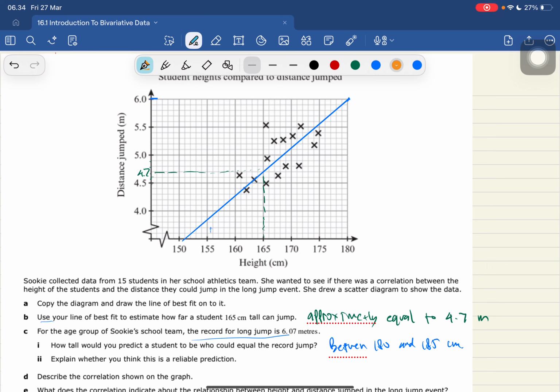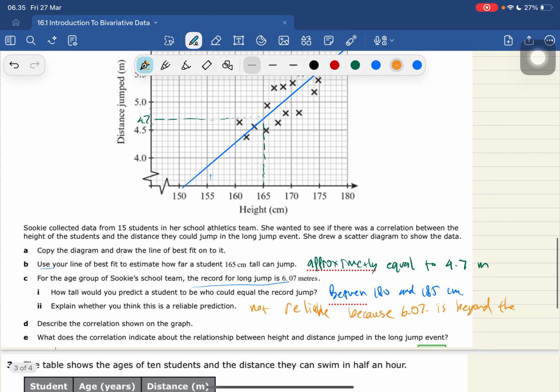Explain whether you think this is a reliable prediction. So actually this is not a reliable prediction because 6.07 is beyond the range of the given data. So let me write it here. Not reliable because 6.07 is beyond the given data.